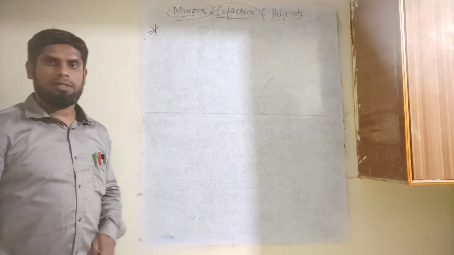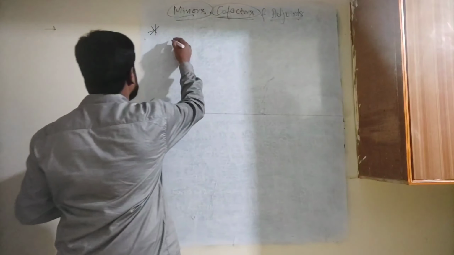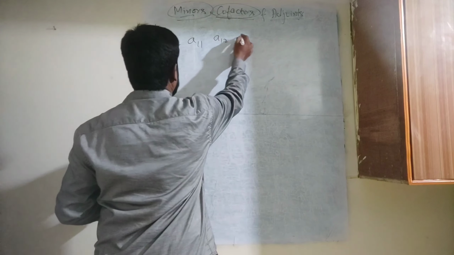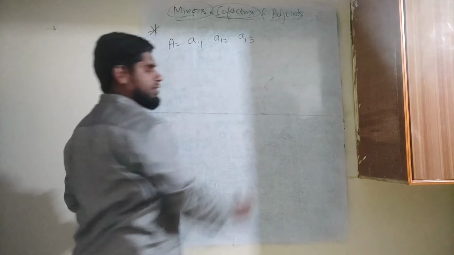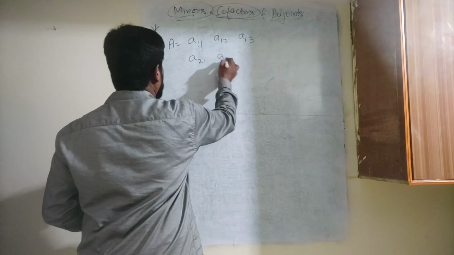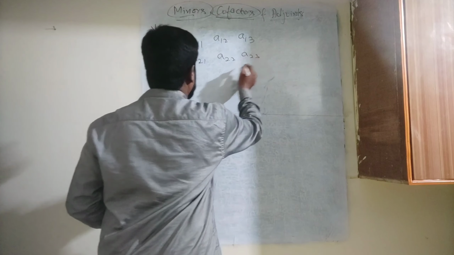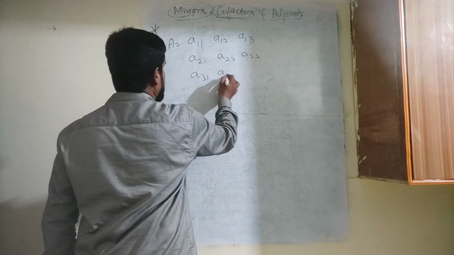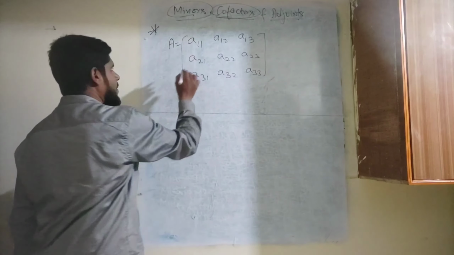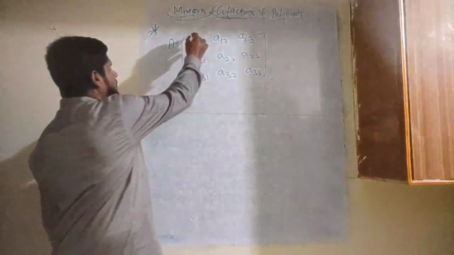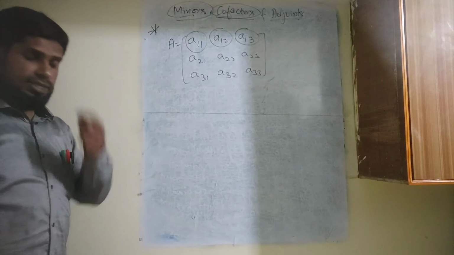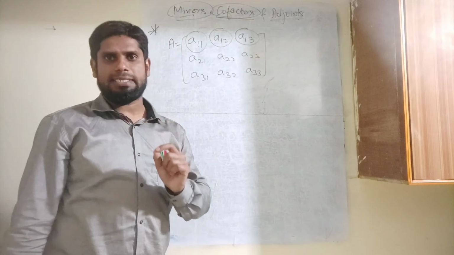So student, in general, if I have a matrix like this, a11, a12, a13, a21, a22, a23, a31, a32, a33. So students, these small alphabets represent the elements of a matrix.